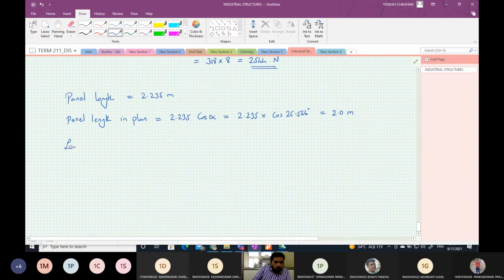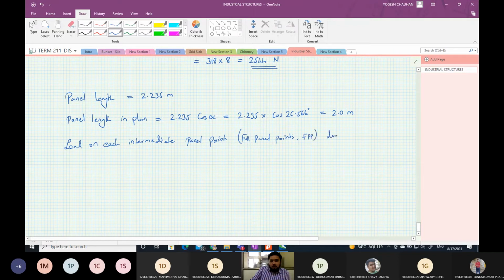So the load on each intermediate panel point due to dead load. Intermediate panel points are full panel points, which we also represent by FPP.